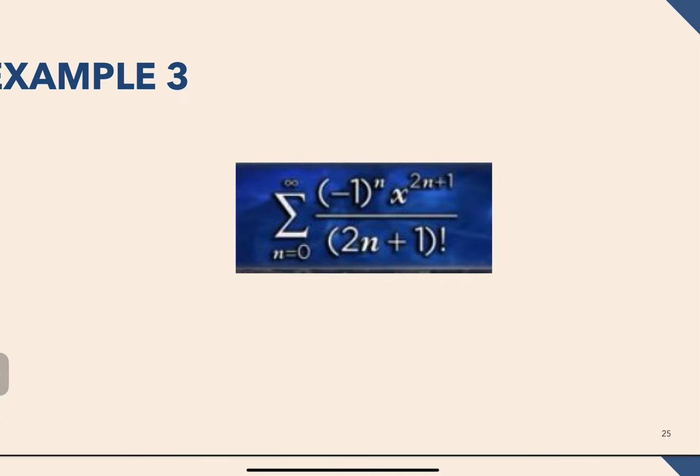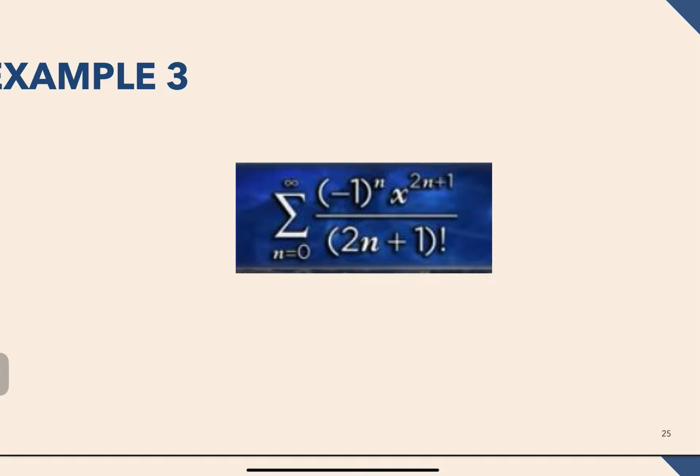It looks frightening, scary at first glance, but when you write this out in summation notation, it's n equals 0 to infinity of negative 1 to the n, x to the power 2n plus 1 divided by 2n plus 1 factorial. It's a little complicated and it looks awful.